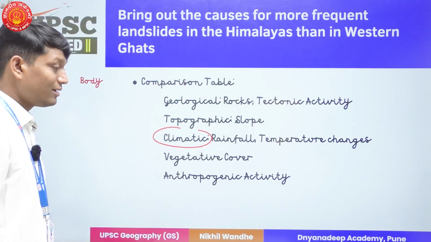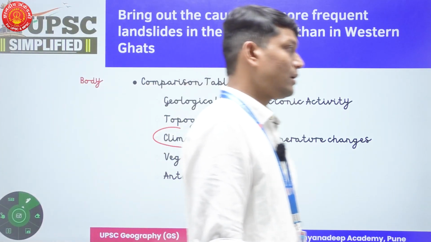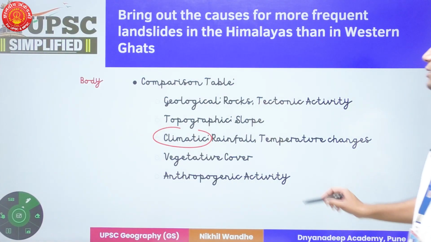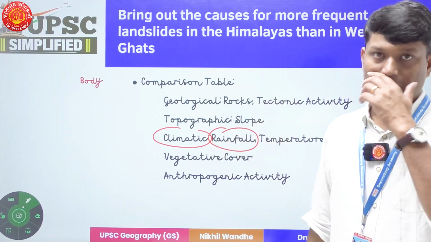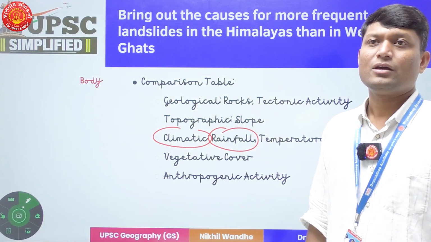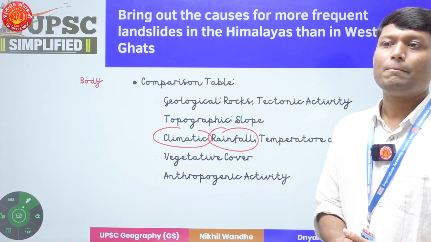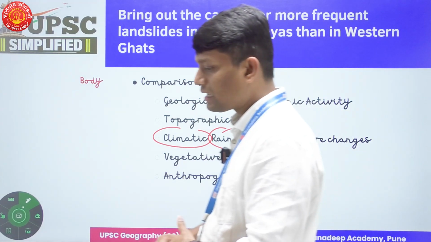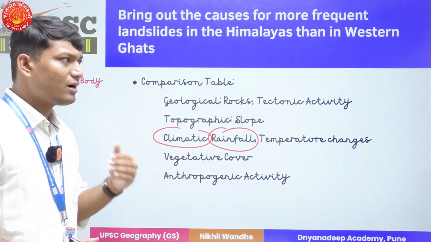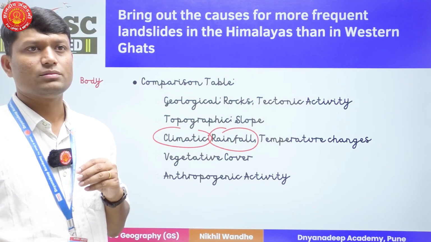Next is about climate. When it comes to the climate, first talk about rainfall. Now in Western Ghats, we have a high amount of rainfall, but what we find there is a consistent amount of rainfall.